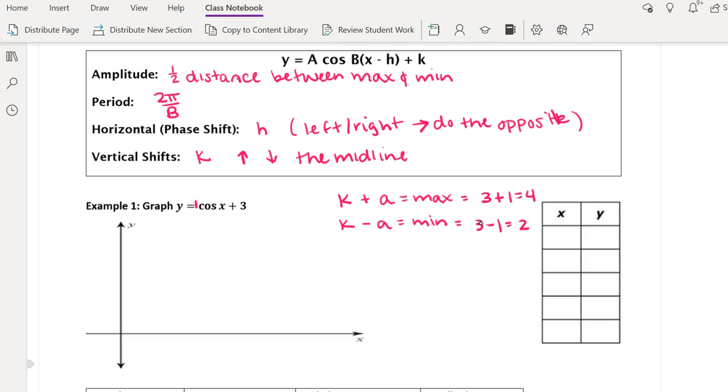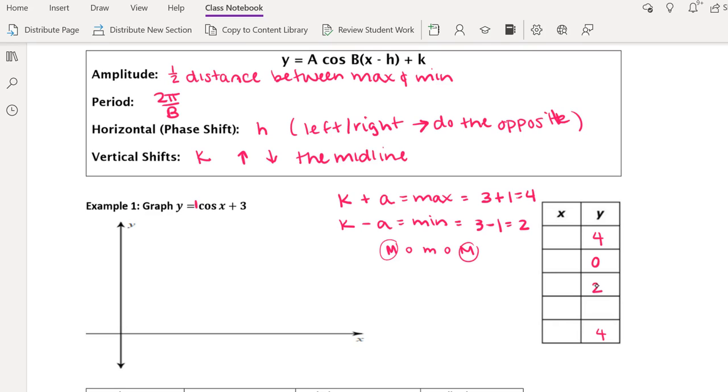So remember, cosine follows this pattern of max, then 0, then min, then 0, then max. So this time my maximum is going to be at 4, my minimum is going to be at 2, and then I still will hit my midlines.